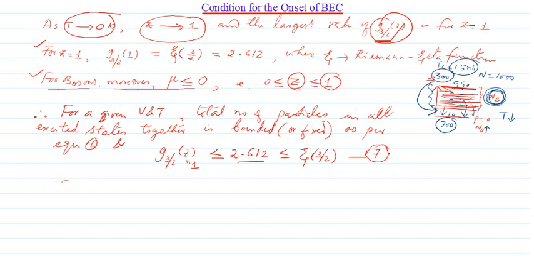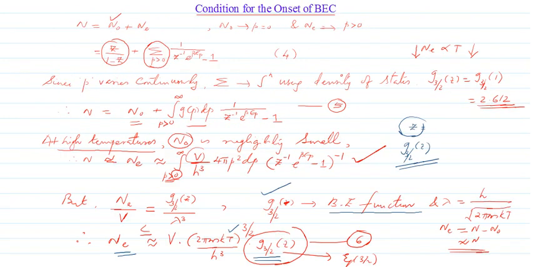Okay, so hope you remember we have been trying to obtain the number of particles in the excited state. As we have seen, hope you recall that we divided the total number of particles of the system into two categories. One is the particles in the ground state, which is denoted as N0, and the other one was the number of particles in all excited states together, that is Ne.